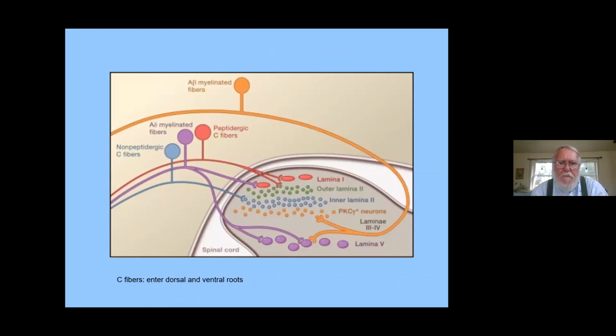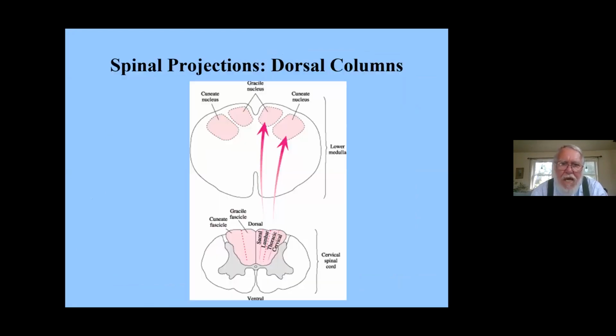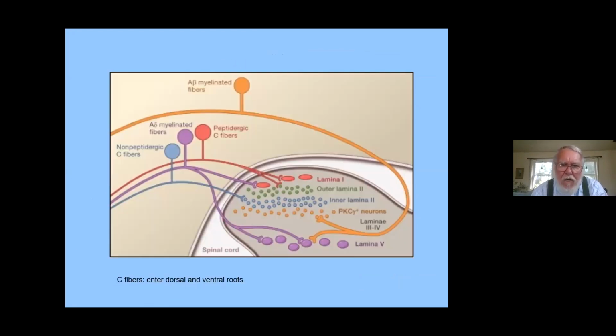So here is looking at these A beta and A delta fibers coming into lamina 1 and then coming into 3 and 5. And you can basically see 3 and 4 are getting what types of information?